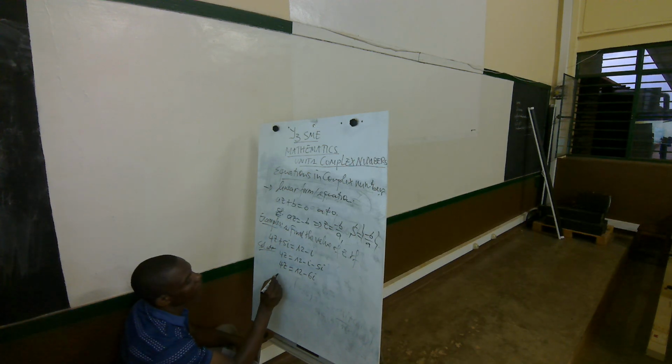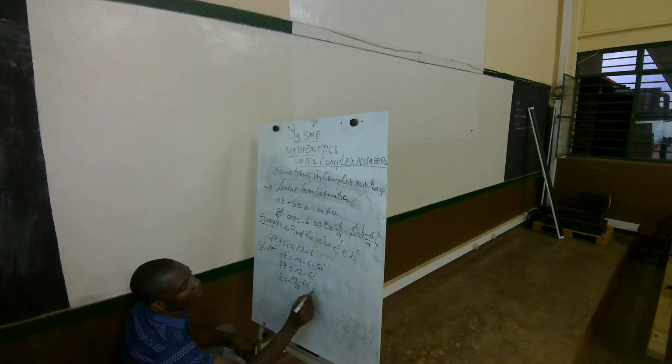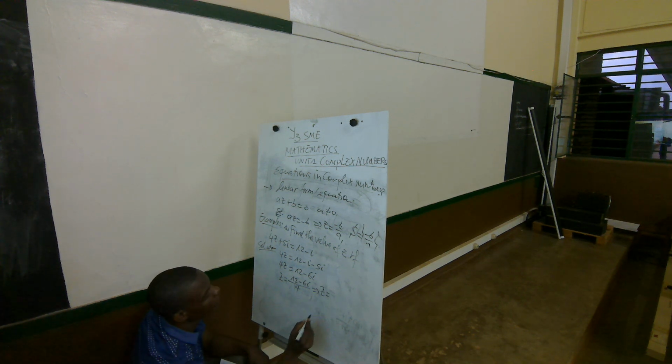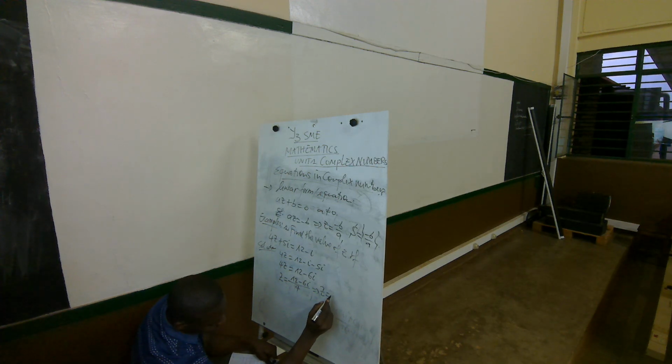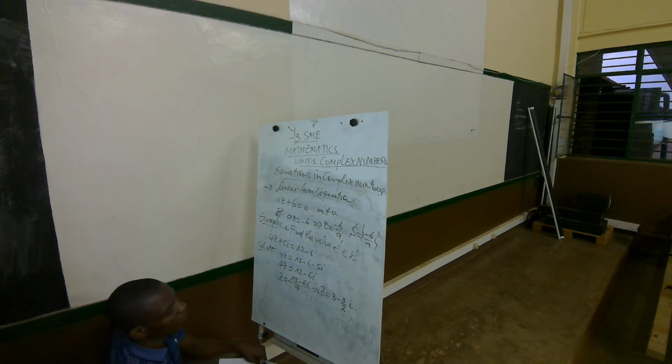In this case, we find that our z will be equal to (12 minus 6i) over 4. And this implies that z, the value we want to find, is equal to 3 minus 3 over 2 i.